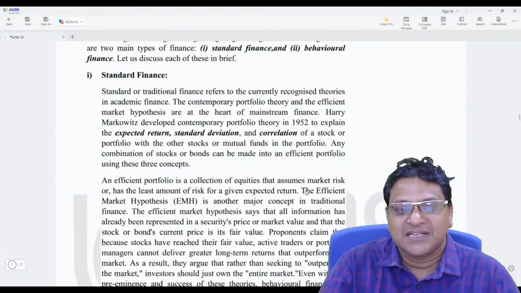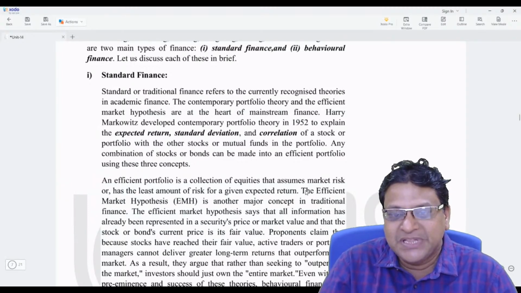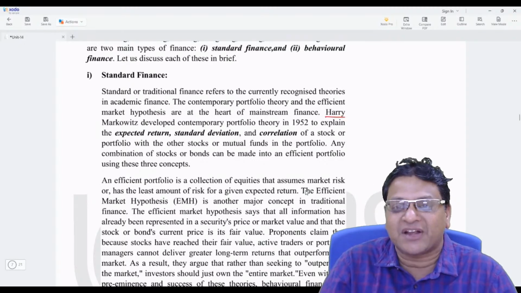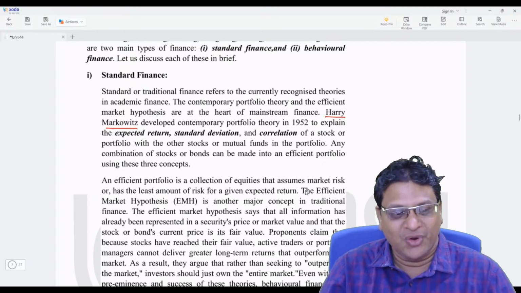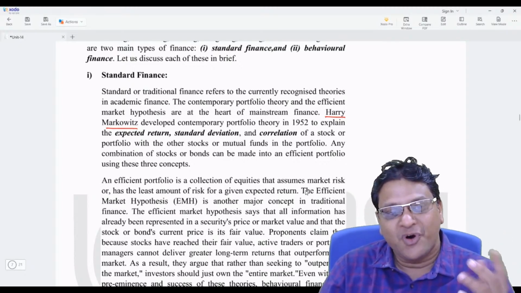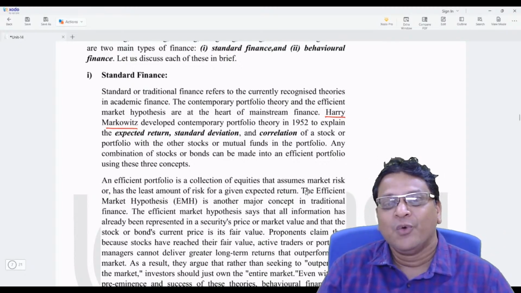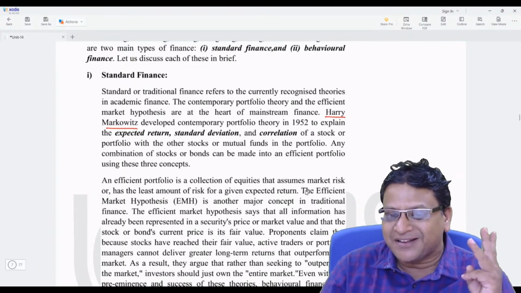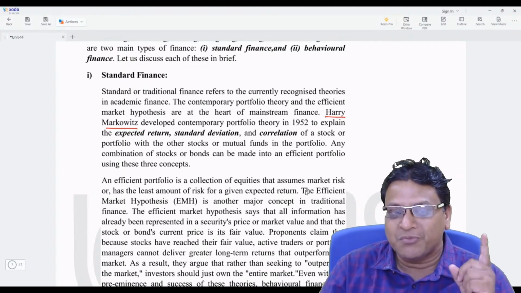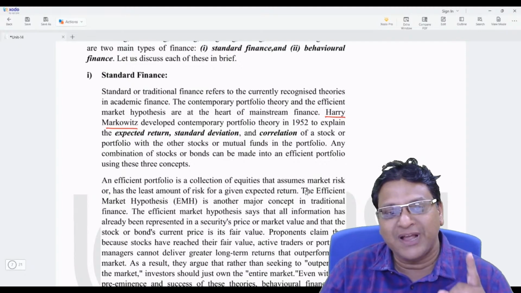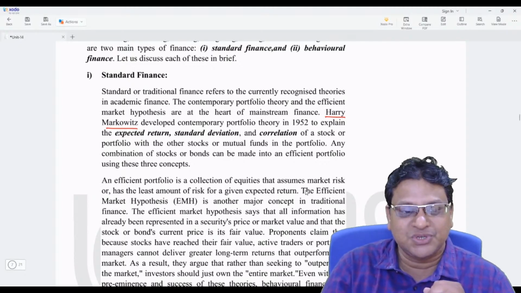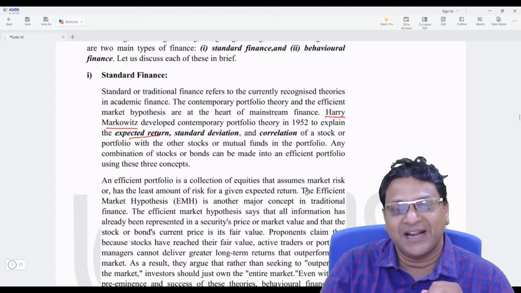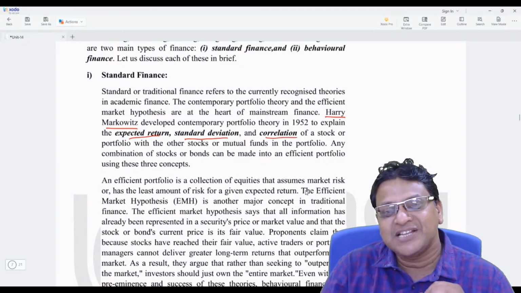Standard finance starts its journey with the theory of Harry Markowitz. We know the Markowitz portfolio construction, or Markowitz model of optimal portfolio selection, where Markowitz tells that there are three important factors one must consider while constructing a portfolio: expected return, standard deviation, and correlation.